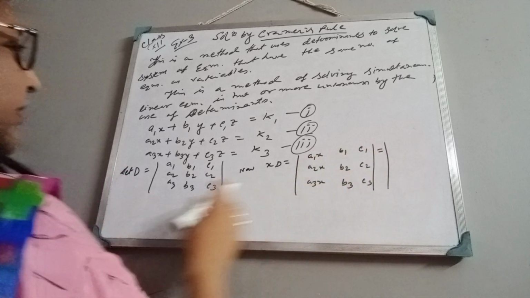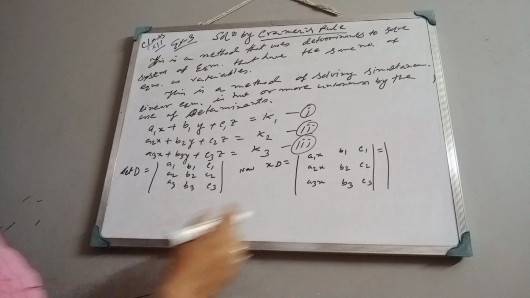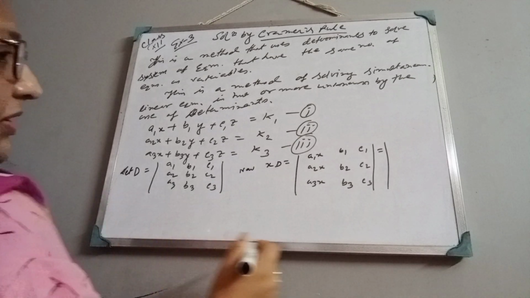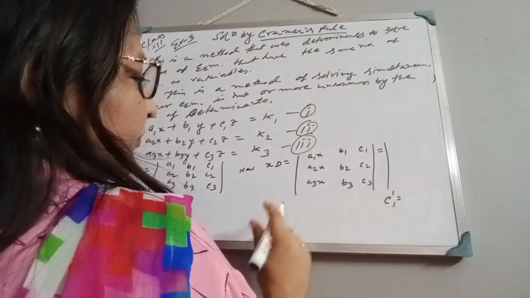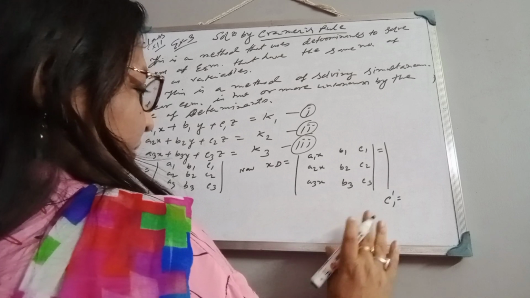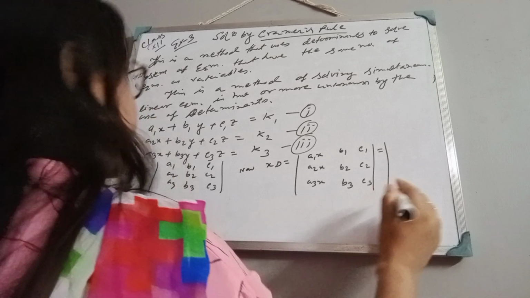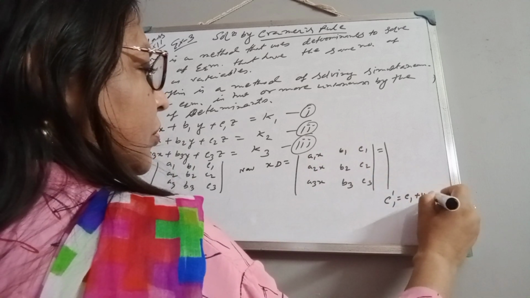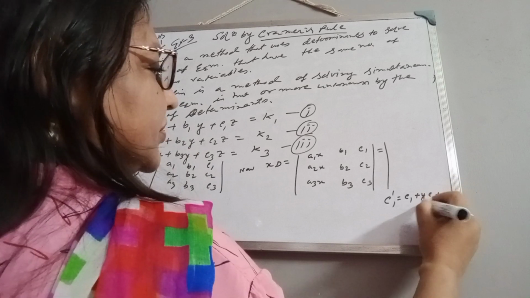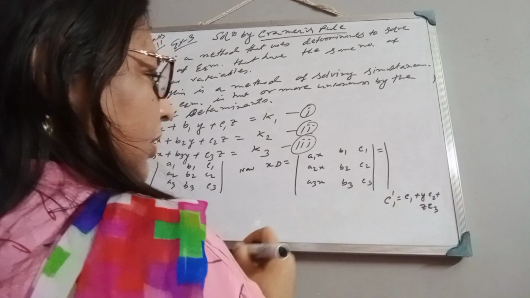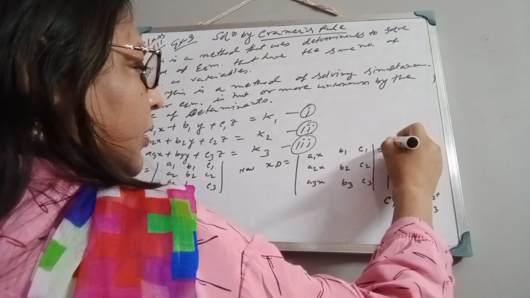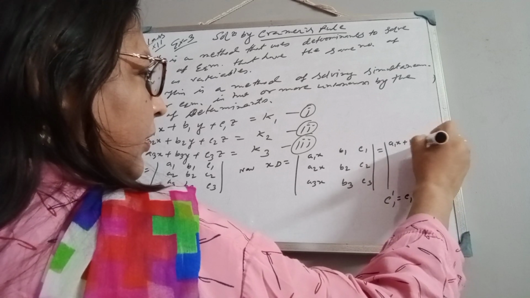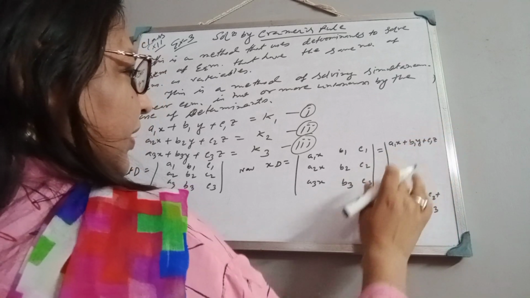Now let us change the first column. We know the first column we can change in this way according to determinant properties. So C1 dashed equals C1, the original one, plus y into C2 plus z into C3. Multiply: a1x plus b1y plus c1z.